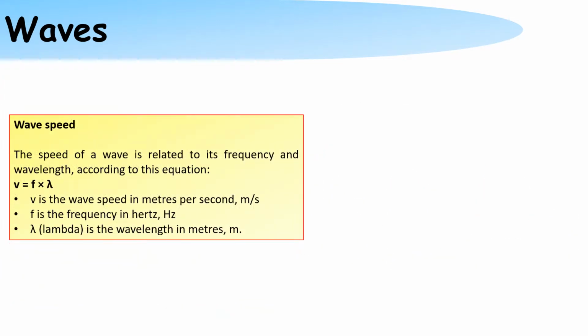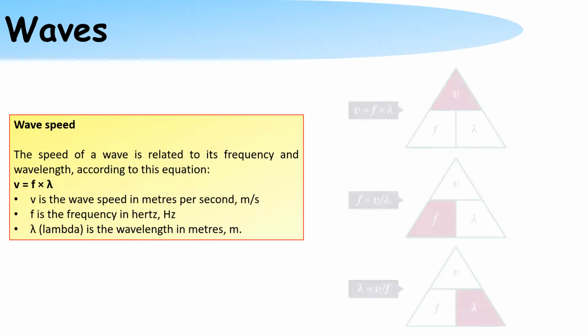To calculate wave speed, we use the following equation. v = f × λ, where v is the wave speed measured in meters per second, f is the frequency measured in hertz, and the other symbol stands for lambda, which is the wavelength measured in meters.